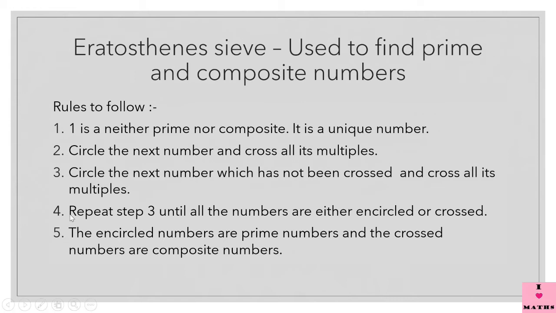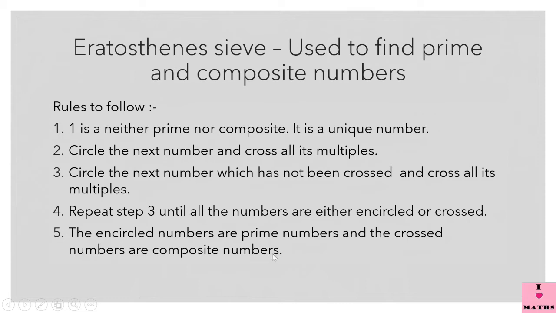And the next step is to repeat step 3 until all the numbers are either encircled or crossed. And lastly, the encircled numbers are prime numbers and the crossed numbers are composite numbers.